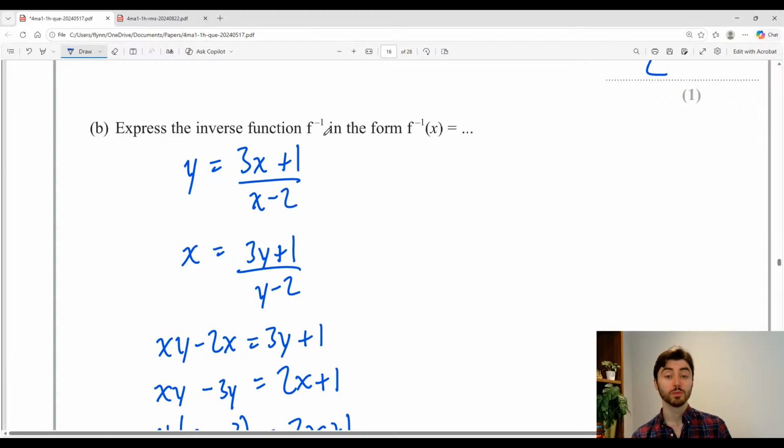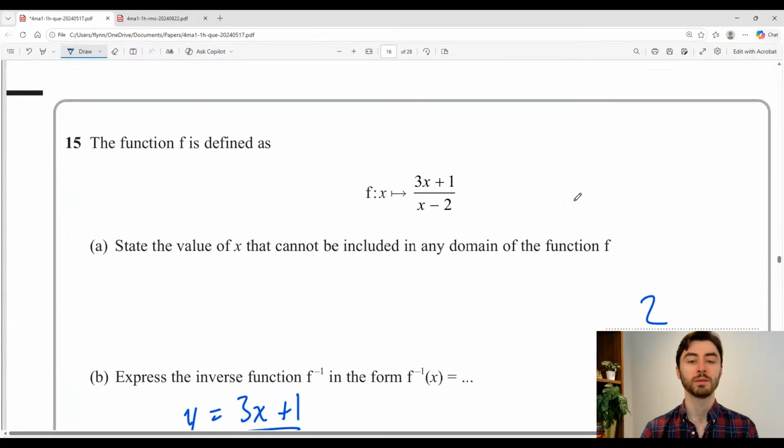Now, I will also point out that sometimes when you're doing the inverse, they want you to talk about the domain and range. They didn't do that here, but when they do want that, you need to know that the domain and the range swap round. So the domain of the original is the range of the inverse. The range of the original is the domain of the inverse.